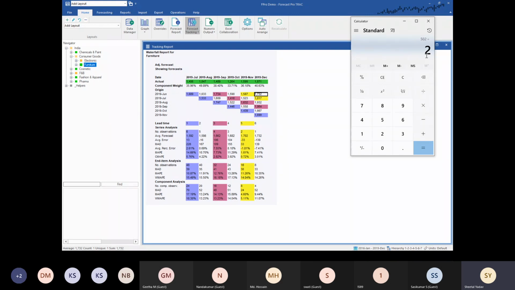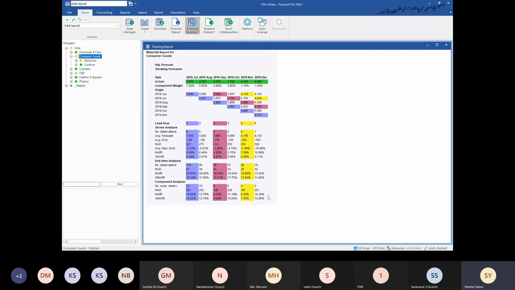And if I divide that by 2, then it's 251. So with a lead time of 1, I have 2 observations for my electronic and furniture, and the MAD value is 251. So it's the average absolute error for those 2 observations. That's what the MAD value represents.